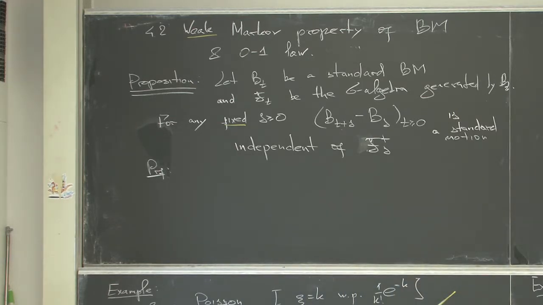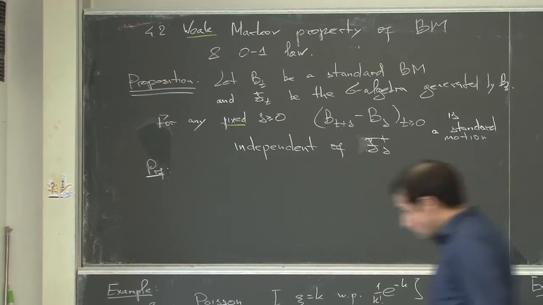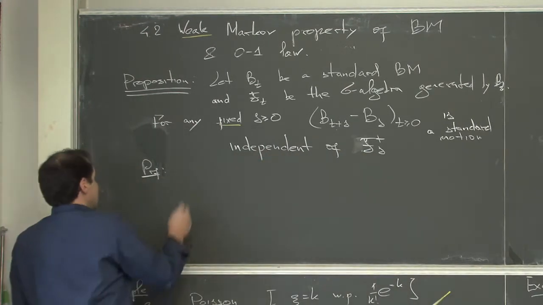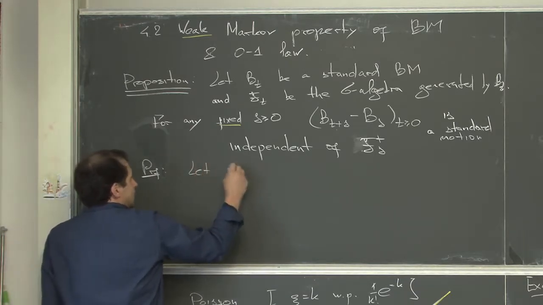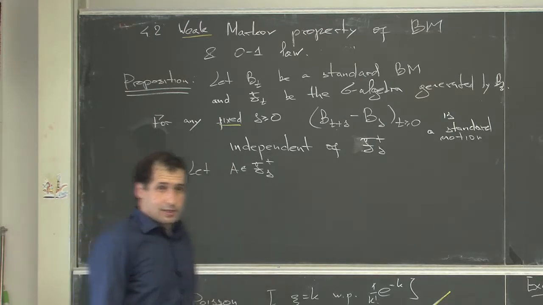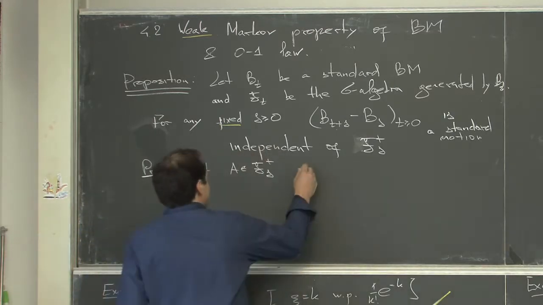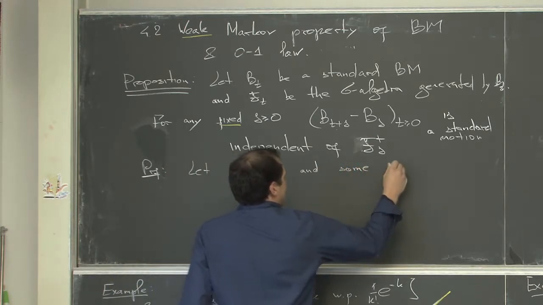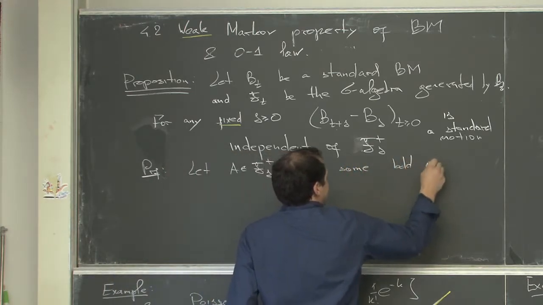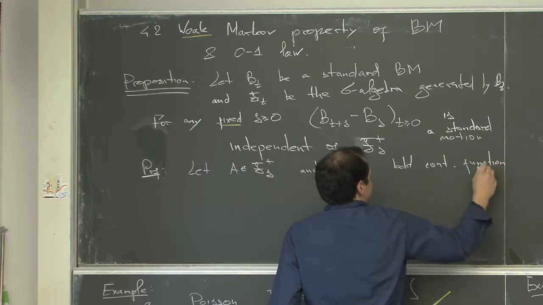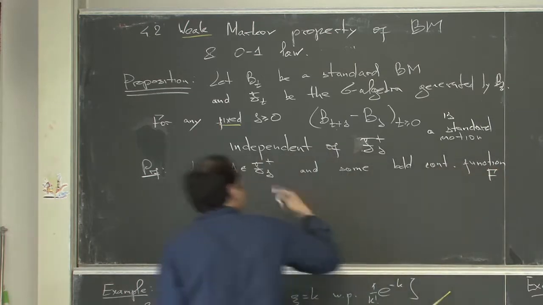So basically, what should we do to prove this independence? Let us consider some event A in F_s plus and some bounded continuous function f of p variables.